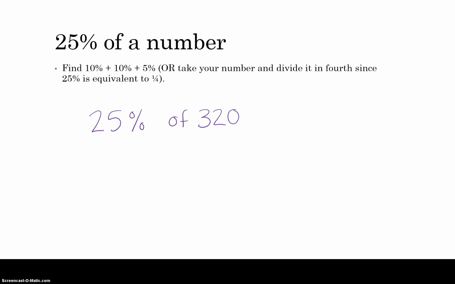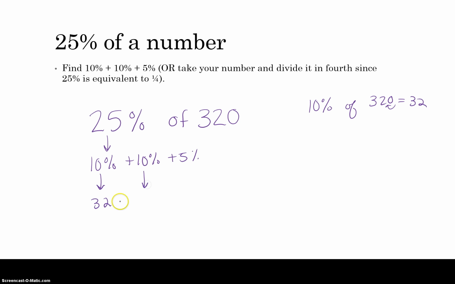If you want to break apart 25% of a number, you can rewrite 25% as 10% plus 10% plus 5%. And 10% of a number is the easiest math to do, because all you have to do is deal with the decimal. 10% of 320 is 32. So if 10% is the same as 32, another 10% would be 32 as well. And then 5% is half of 32.